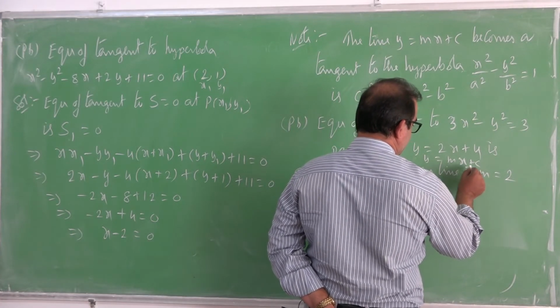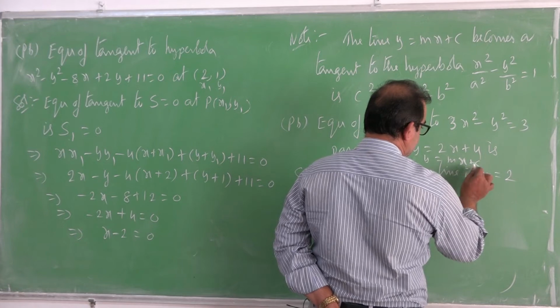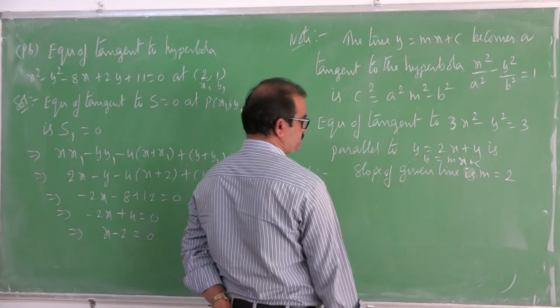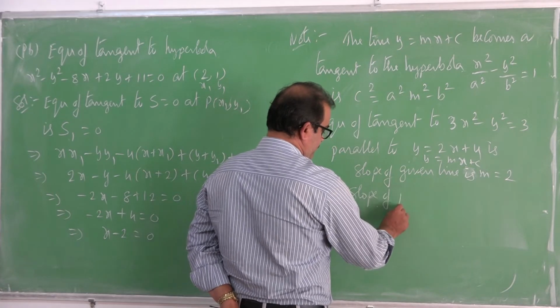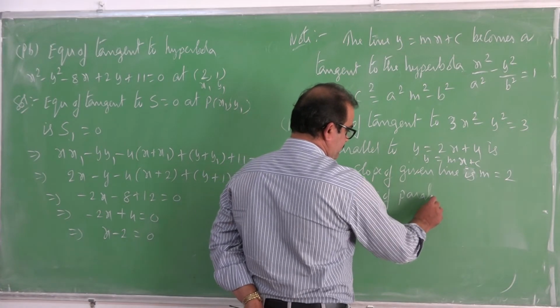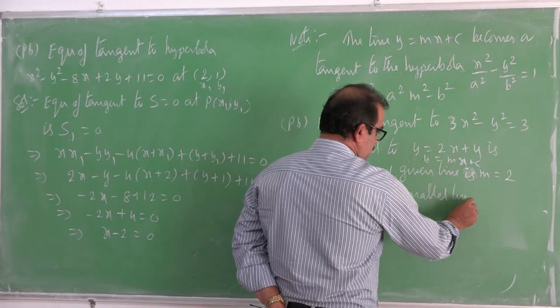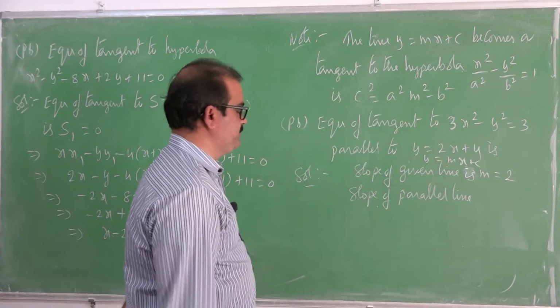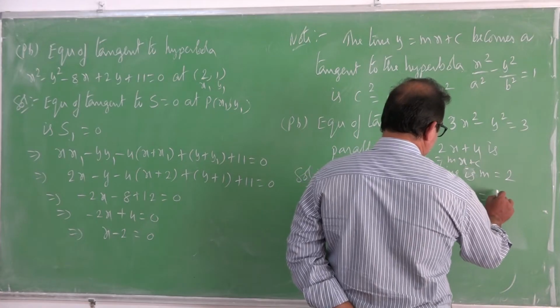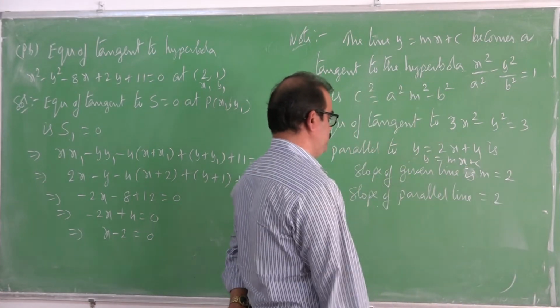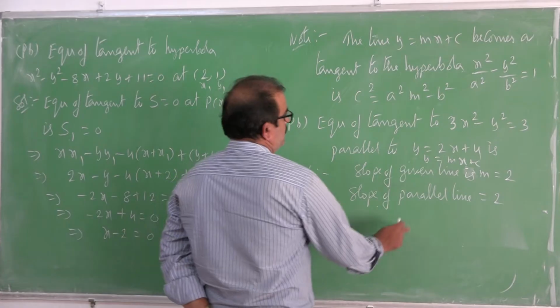What is the slope of parallel line? We know when two lines are parallel, then their slopes are equal. So slope of parallel line is also 2.